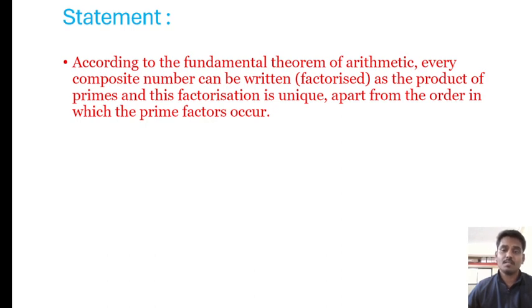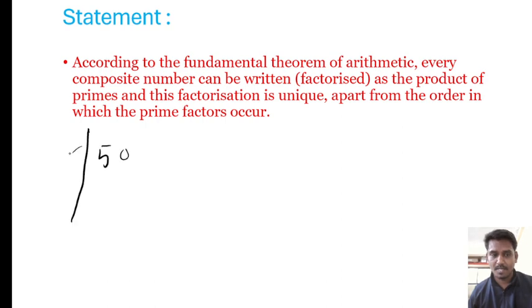For example, if you are given a number 50 to factorize, and it is given to 100 students, all the 100 students will get the same answer, and that answer will be 50 can be factorized as 2 into 25, 5 into 5, 5 into 1. So these are the possible factors of 50.